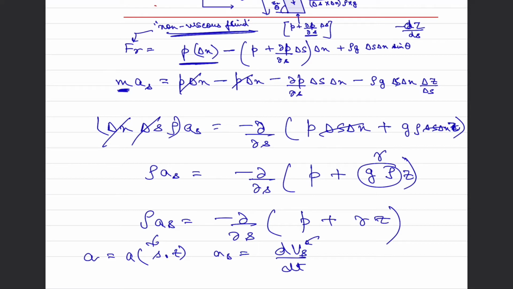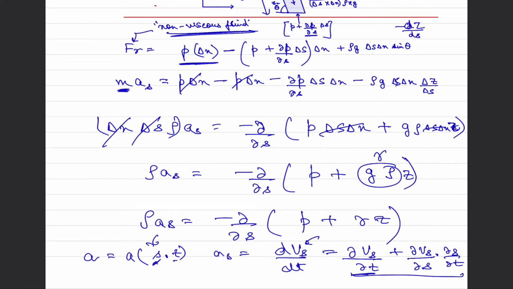and time. We can say that our acceleration can be written as del v_s upon del t plus the partial derivative of velocity with respect to space, because we have already accounted for differentiation with respect to time. So the second term would be del v_s upon del s multiplied by del s upon del t.